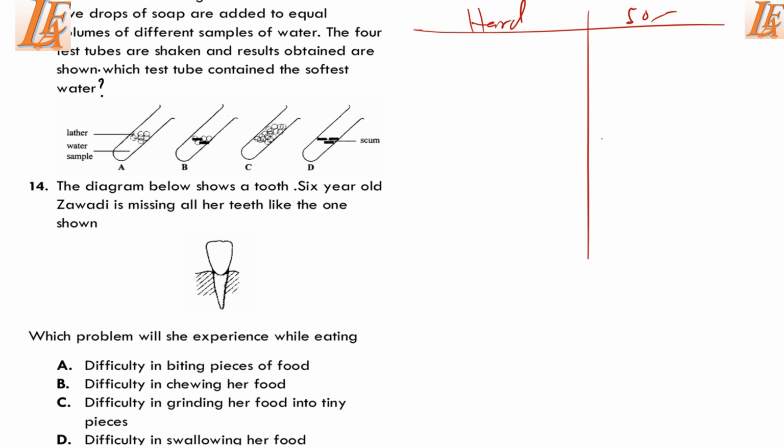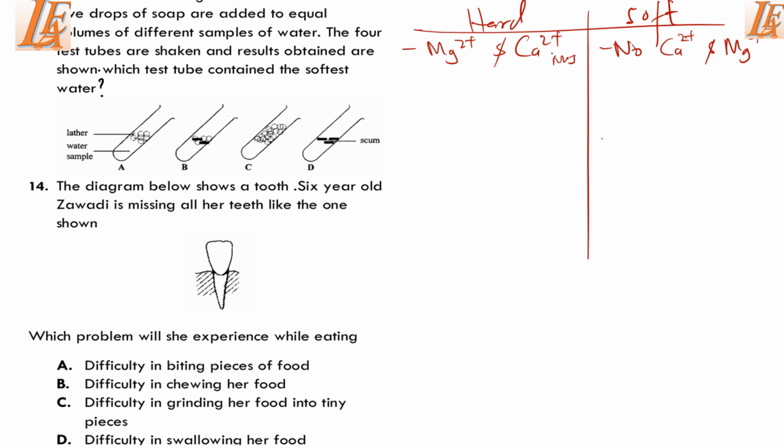Hard water is defined as water which contains dissolved minerals of magnesium and calcium ions, while soft water does not contain dissolved minerals of calcium and magnesium ions.